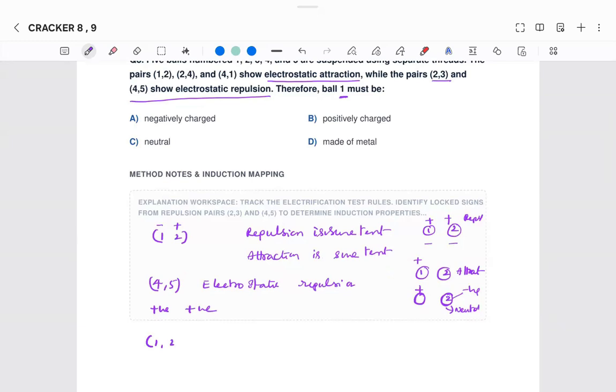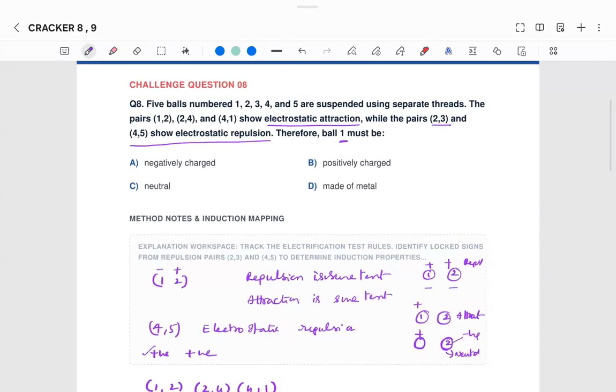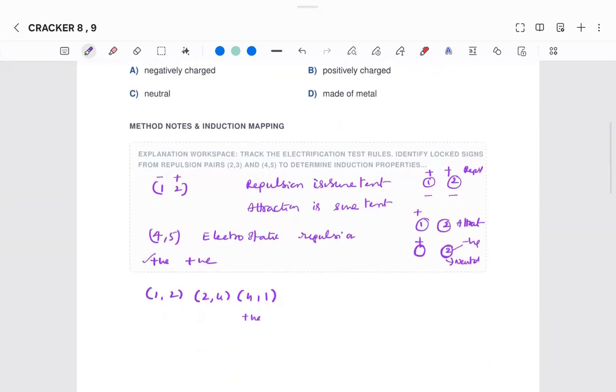Now let us consider the charges. We don't know the charges on the balls. Since we assumed 4 as positive, the pairs given show electrostatic attraction, so 4 positive means 1 can be neutral or negative. We don't know.